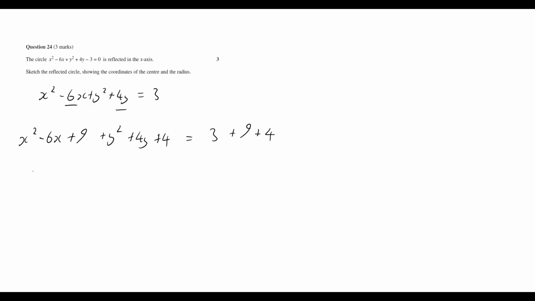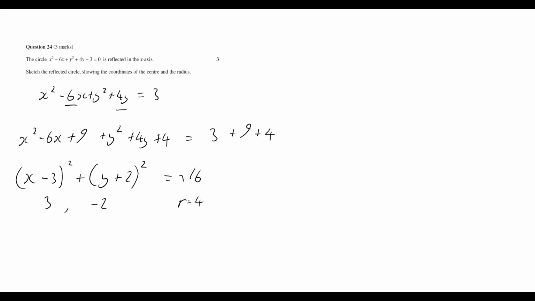Okay, and since we've now completed the square on the left-hand side, we can now rewrite this as x minus 3 all squared plus y plus 2 all squared equals 16. Okay, so looking at this now, that will give us a center of positive 3 and negative 2 with a radius equal to 4, right?